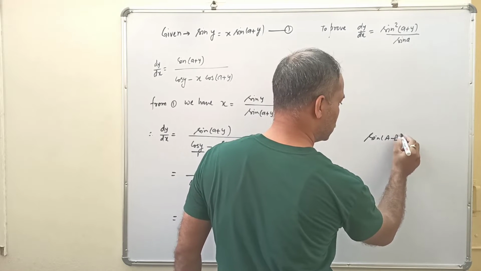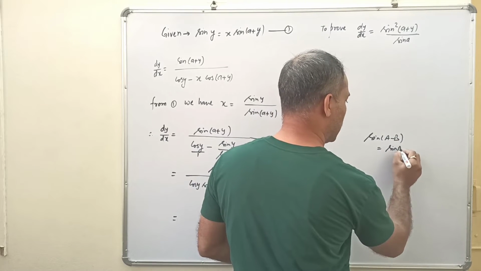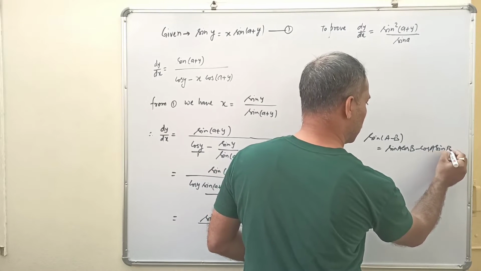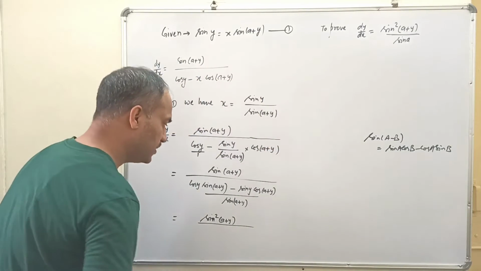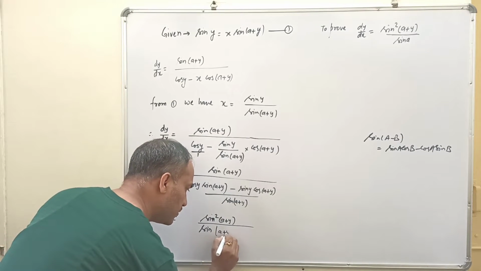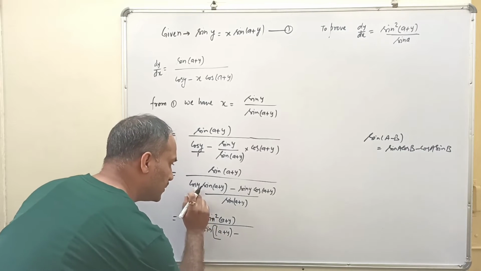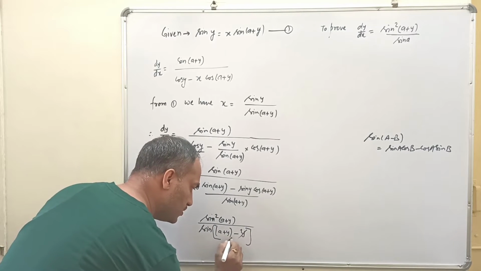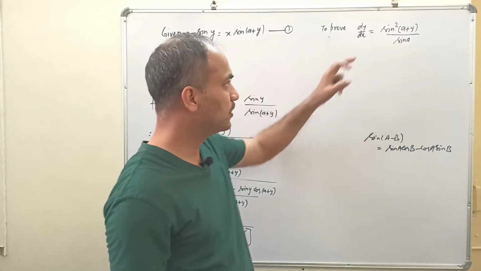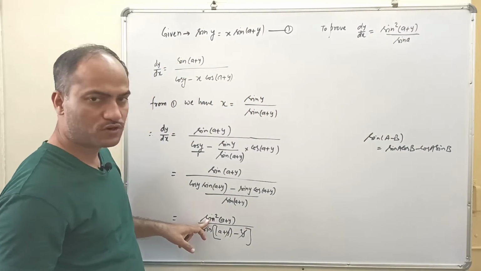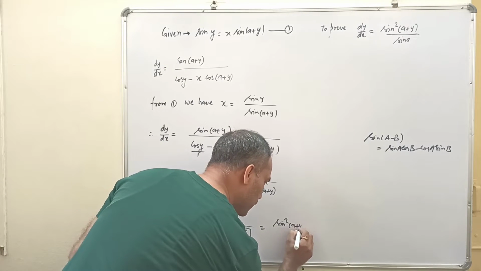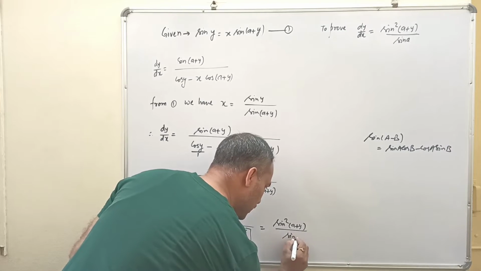Let us apply this formula. So we get sin of angle (a plus y) minus y. So y is cancelled, we get sin a. And this is in the denominator, and the numerator is sin square(a plus y), and we have got the same. So this is sin square(a plus y) whole upon sin a.